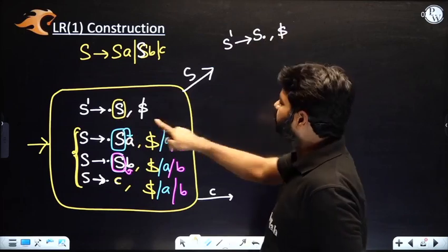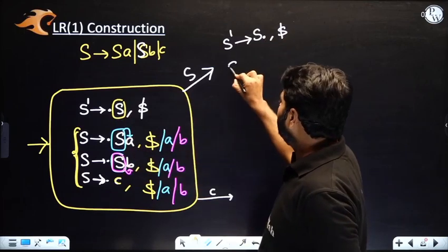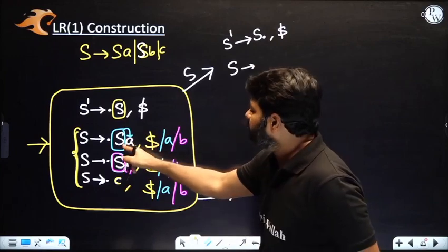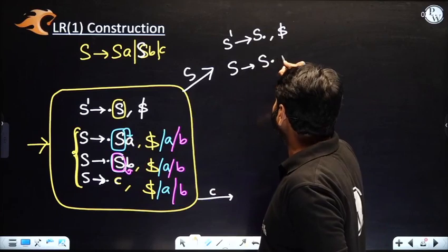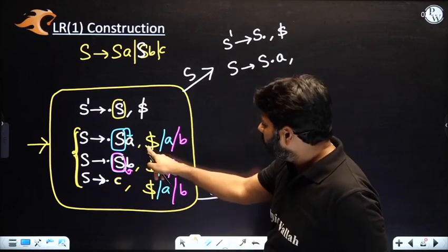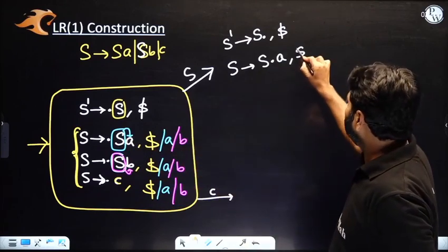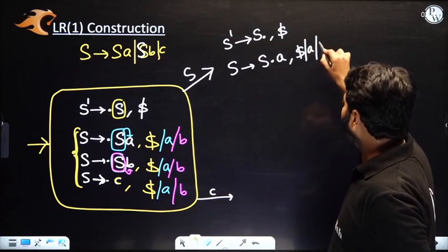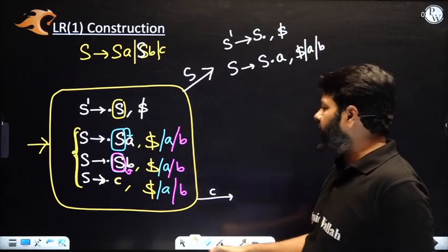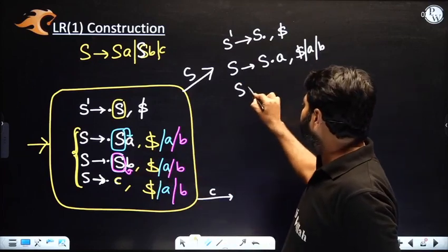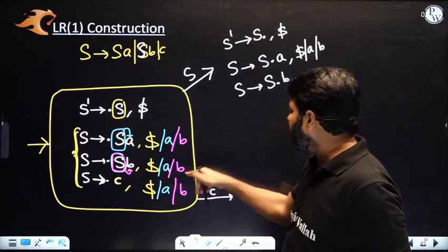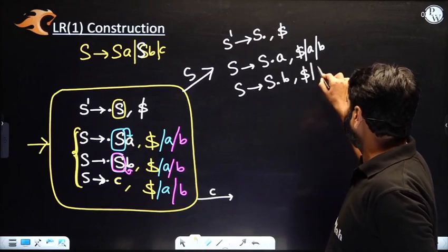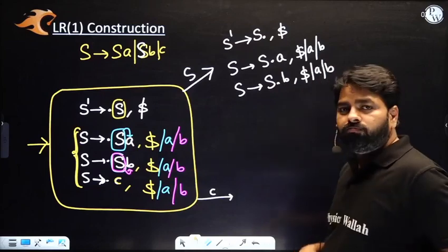First production, first item. Second item, S derives S dot A, comma. Now all these things, dollar or A or B, any of these lookaheads can come for this item. Now here S derives S dot B, comma dollar or A or B. Now don't close.